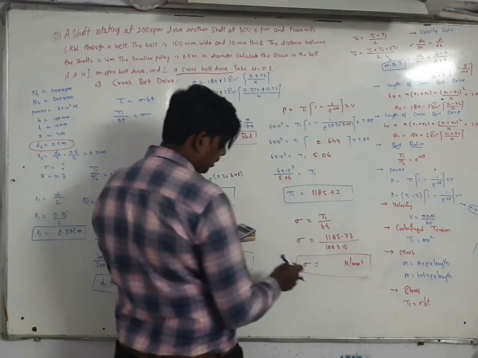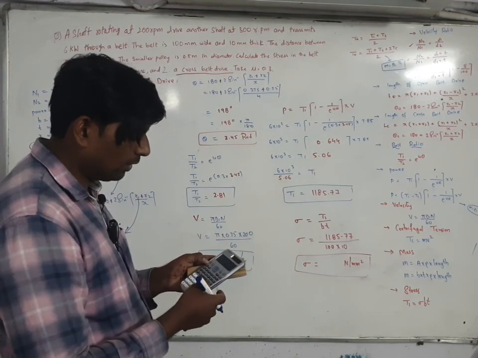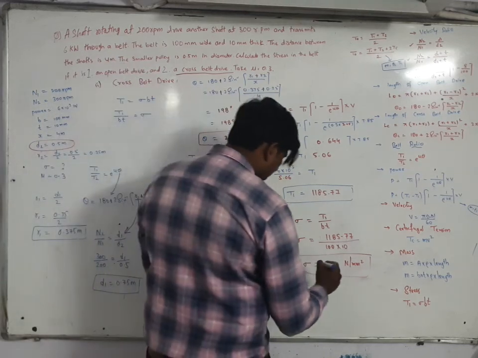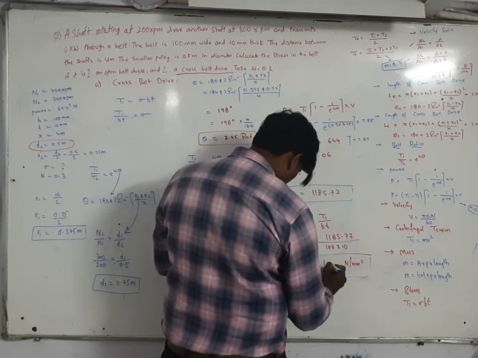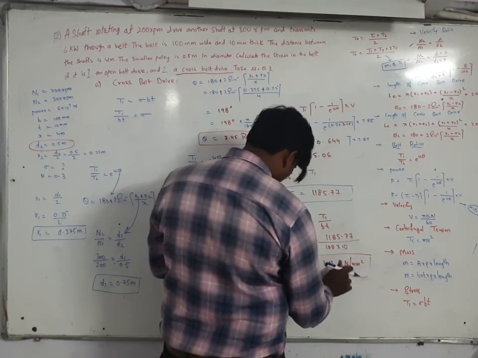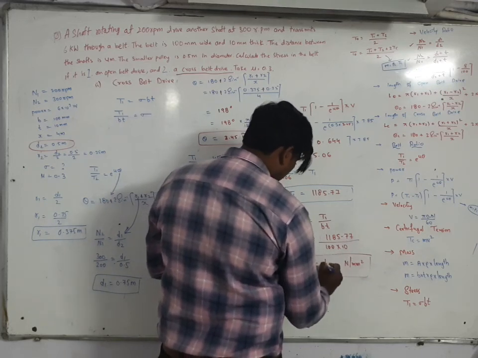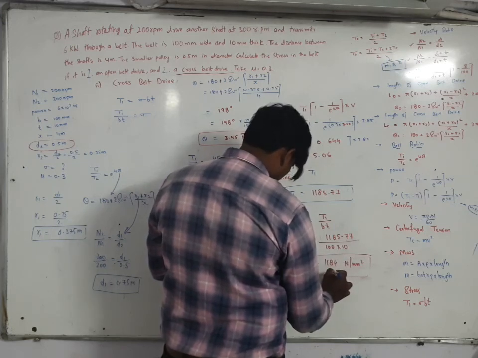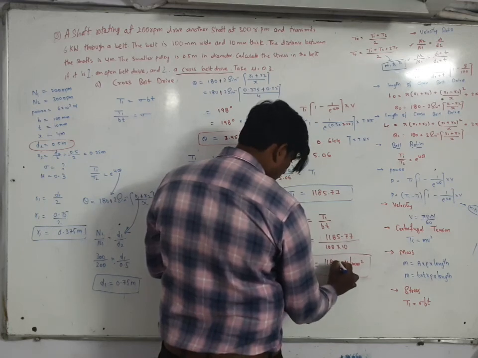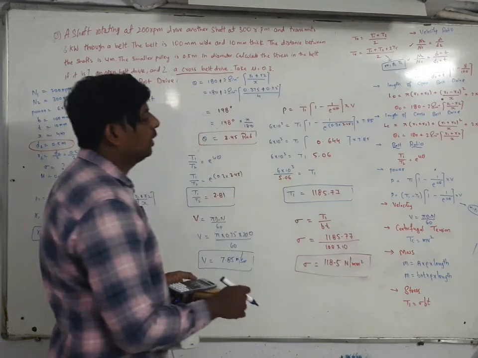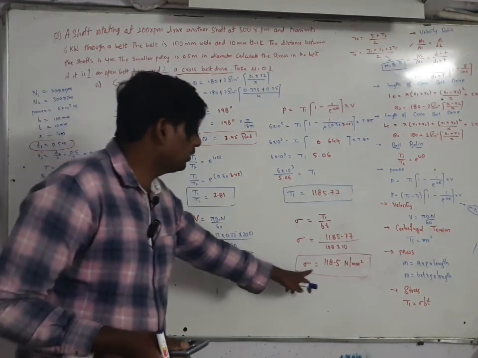If you solve this one, divided by 100 into 10, the answer should be 118.57, so sigma is 118.5 Newton per mm square. If you are substituting in mm, like this you get 118 point 5.